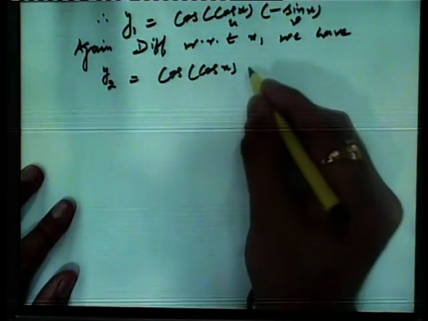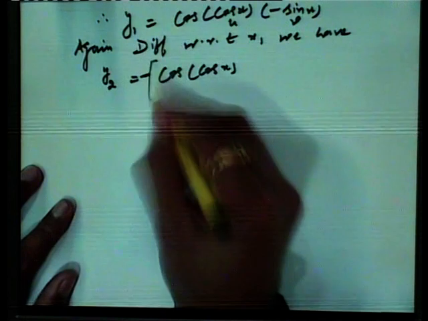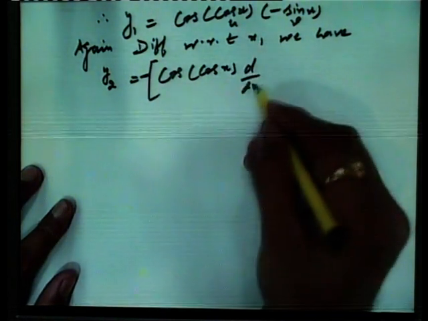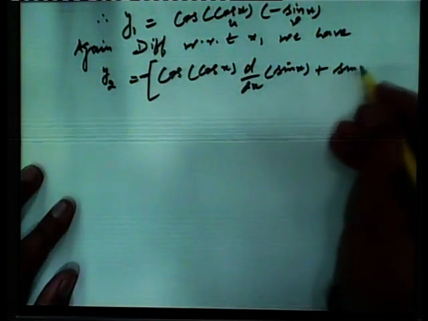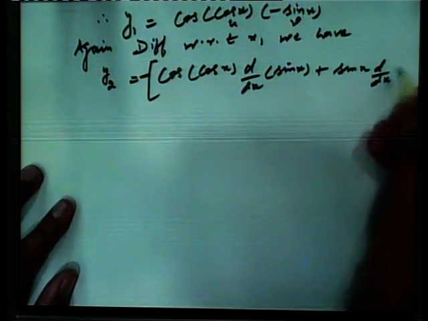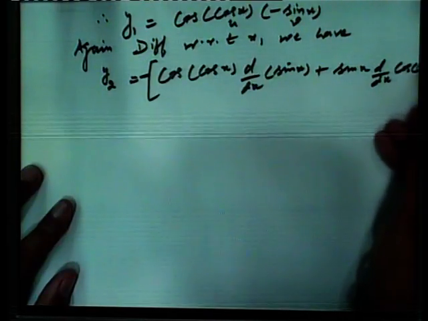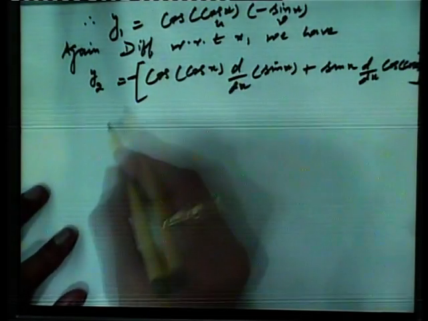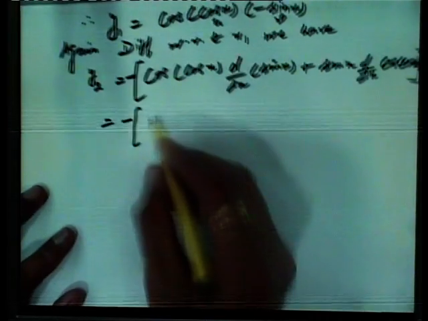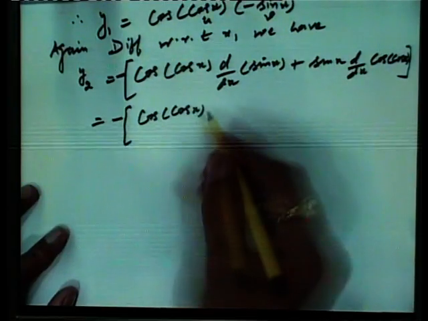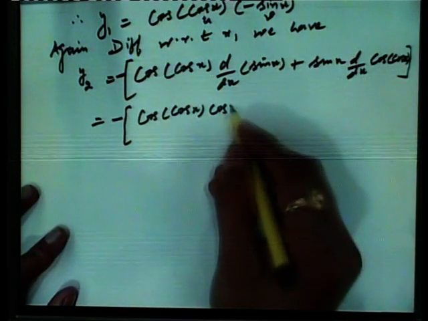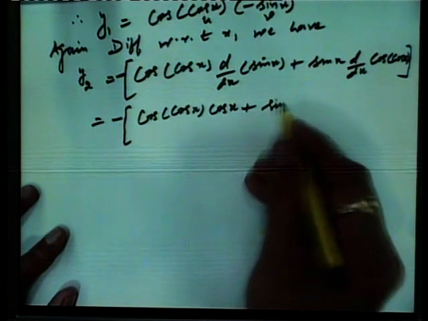So, u d dx of v, you can take minus common, d dx of sin x plus sin x d dx of cos x. So, cos of cos x d dx of sin x, you know that it is equal to cos x, plus sin x.